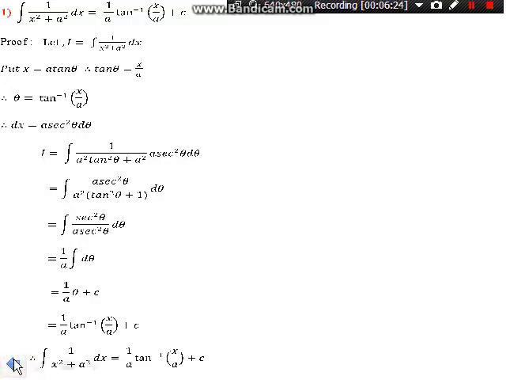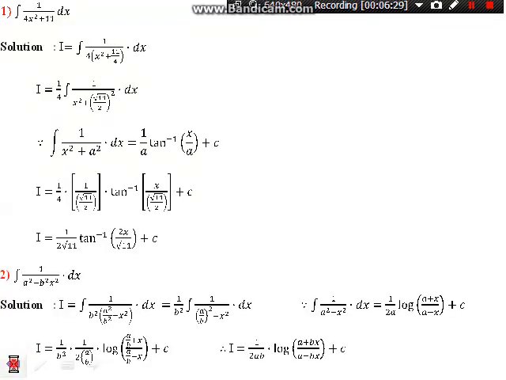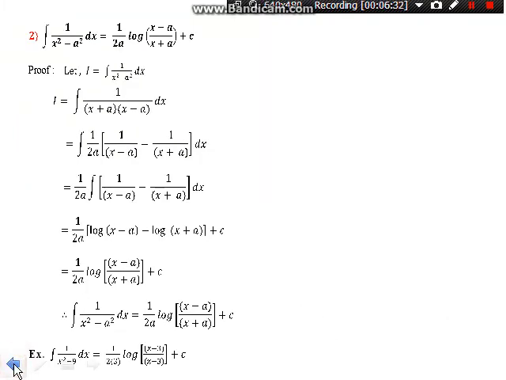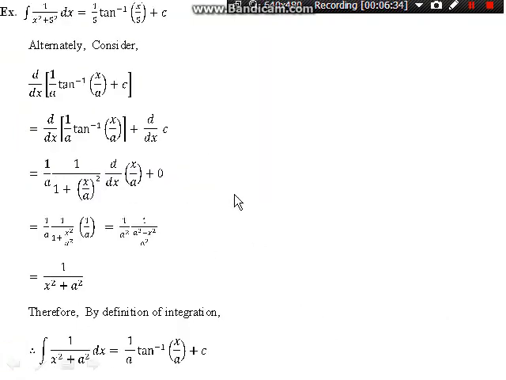Now here you can see the alternate method for this same proof. So look here, alternately consider d by dx of 1 upon a tan inverse x upon a plus c.